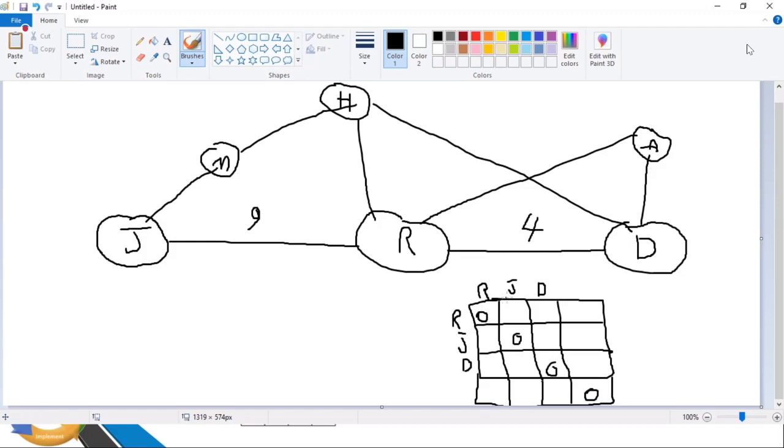Now, from Riyadh to Jeddah, you said here 9. So you could say 9 hours, 900 kilometers, or whatever. From R to J is 9. And since it is the same, from J to R is also 9. This is the way you represent a graph as a matrix.